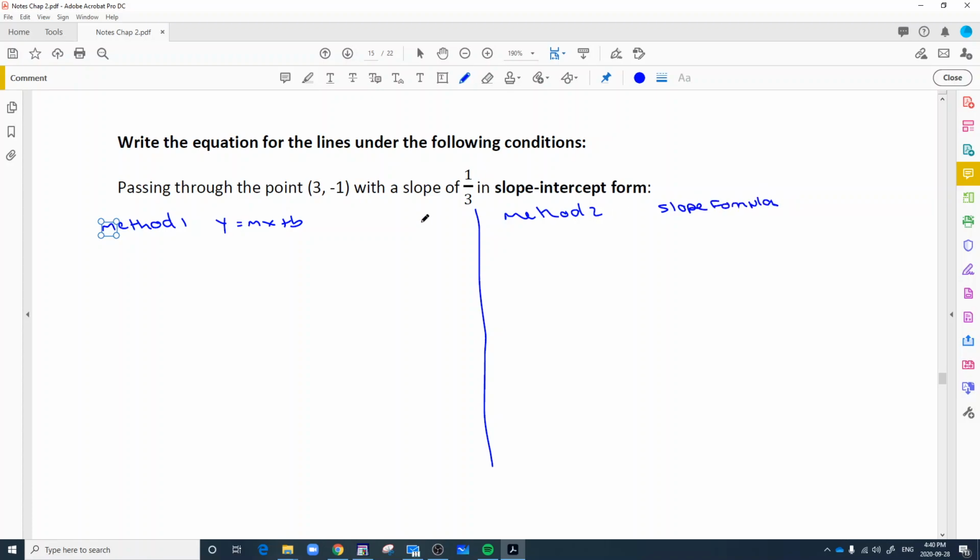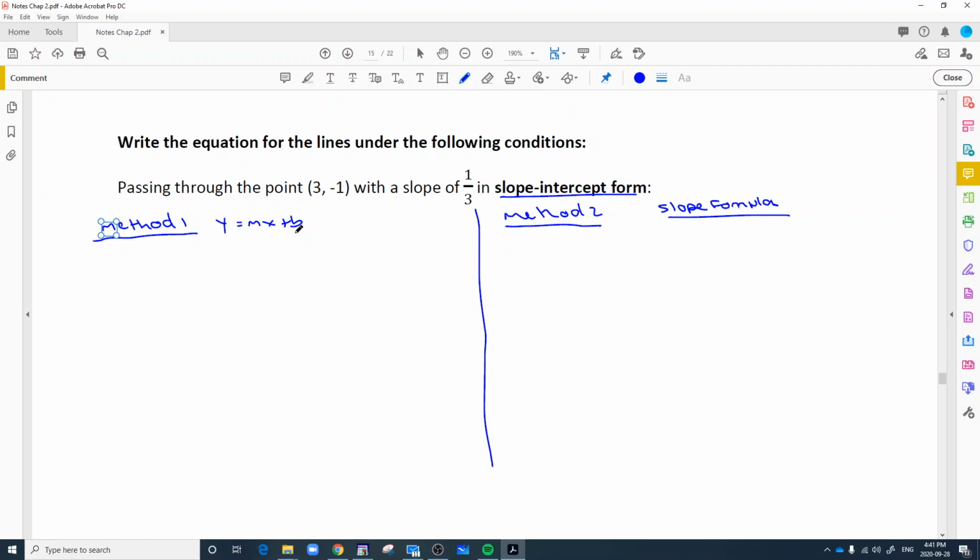It doesn't matter which one you do. My rule of thumb is that you should learn both. Why not? I use y equals mx plus b when they want my answer in slope-intercept form. And you can use the slope formula if they want the answer in standard form. Or you just stick with one method and you make sure that you can answer in slope-intercept form and in standard form no matter what information they give you.